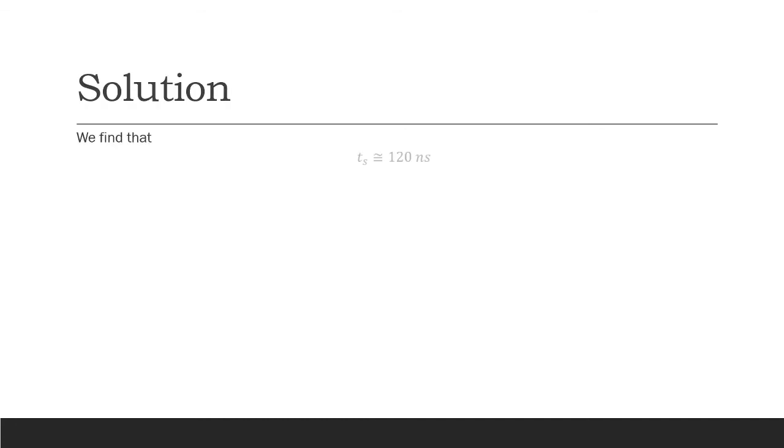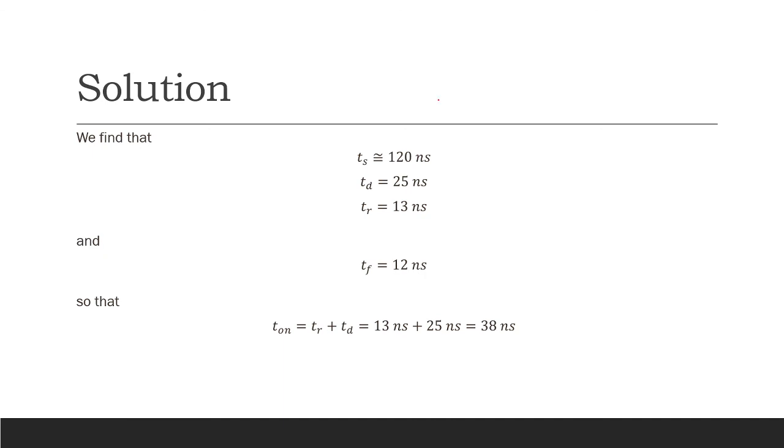So, our assumption: TS is 120 nanoseconds, TD is 25. Our guess earlier is okay. This one is also okay, 13 nanoseconds. And TF is 12 nanoseconds. Now we can solve for T-on and T-off. For T-on, that is TR plus TD, where TR is 13 nanoseconds and TD is 25.